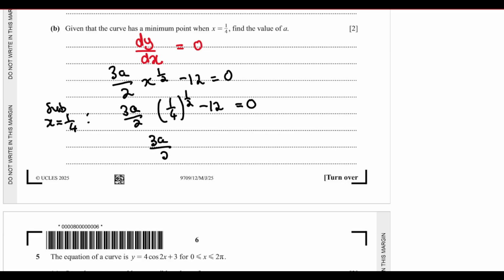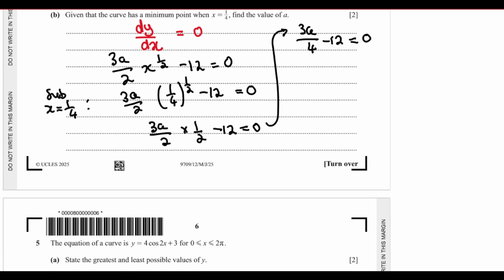The power of half of 1 over 4 is just 1 over 2. Okay, let me continue there. So I have 3a over 4 minus 12 is 0. And if I take the 12 to the other side, you can end up solving that. You'll get a is equal to 16.